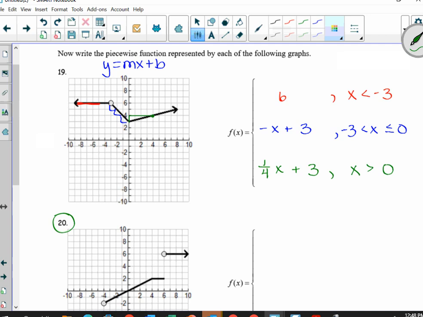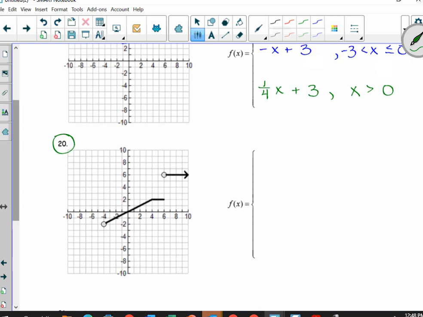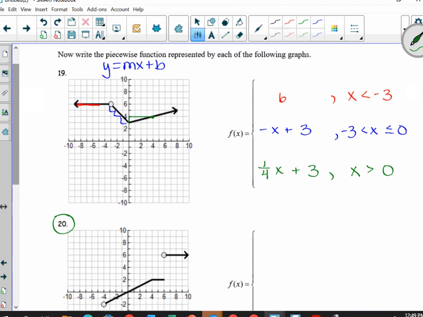Do you have to start from the left side of the graph to the right? It really doesn't matter as long as you have the right 3 pieces. So for the green equation, 1/4 x plus 3. Yep. That's what I was talking about earlier: if you want this to be greater than or equal to, you cannot have the equal to here.